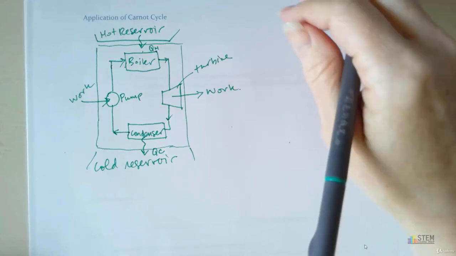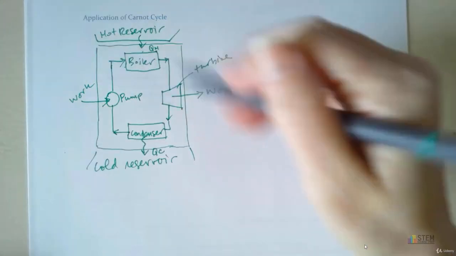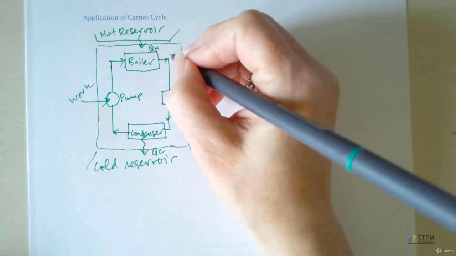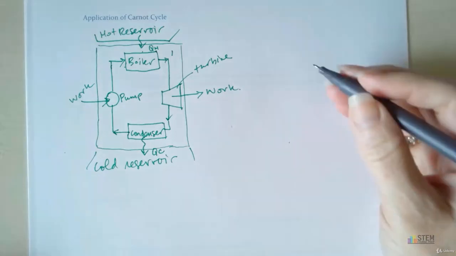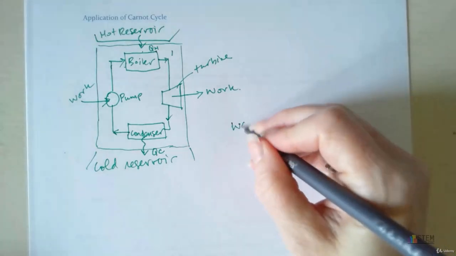Now let's go through and we'll draw on the PV diagram each of the processes as they happen, and we'll kind of explain what's going on. Okay, so first, let's start up here. Let's say this is state 1 right here as we come out of the boiler. Let's just start with that. And let's put this one right here, so hopefully I have enough room.